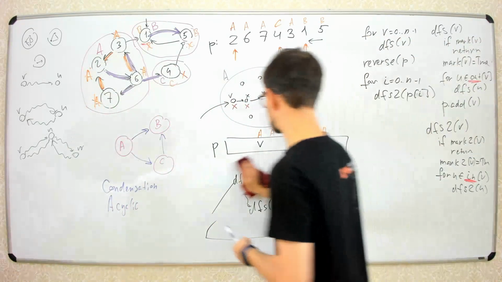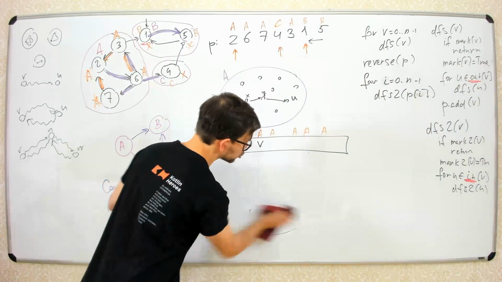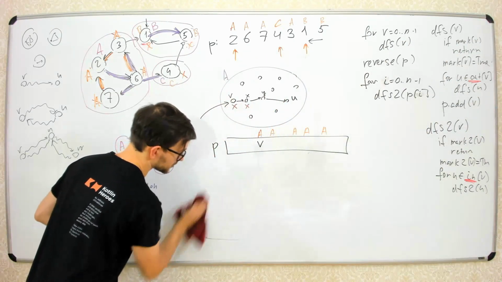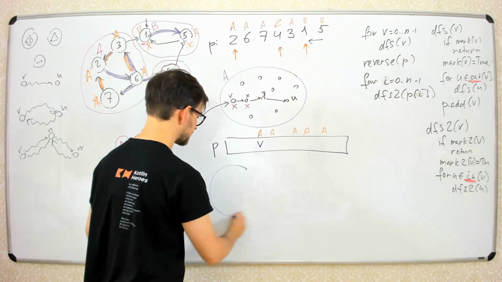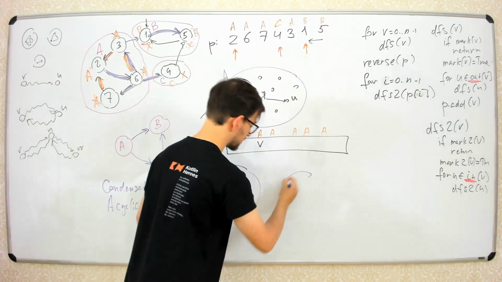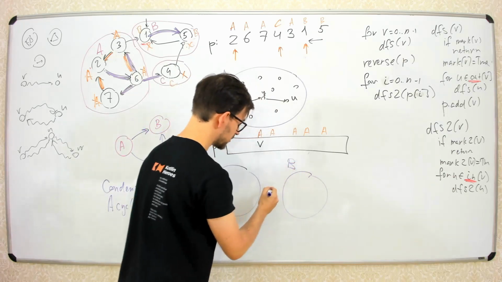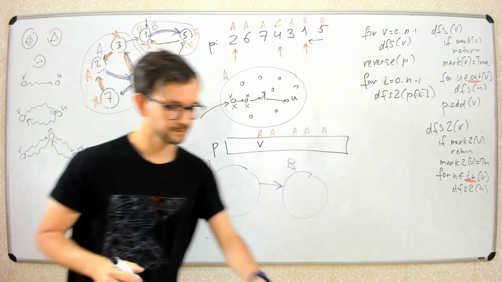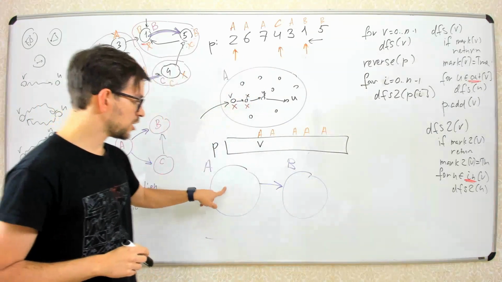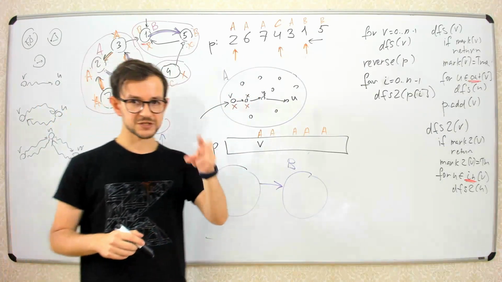The second important observation is the following. Let's look at two different strongly connected components. You have some component A and some other component B, and you have an edge from A to B. For each of these components, you have this first node.